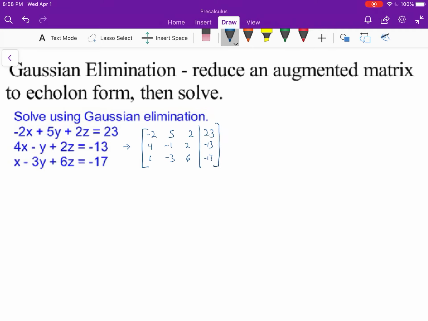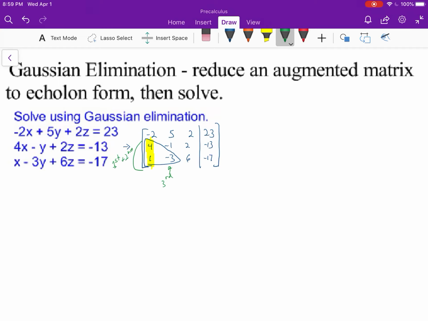Now let's talk through what we want to do here. We know that we want to get these 3 spots to be 0. Now there's a little bit of an order that we have to follow here. We want to get these 2 to be 0 first, and then this one we're going to get to be 0 last, or our third thing.